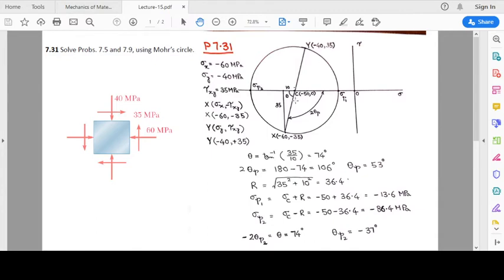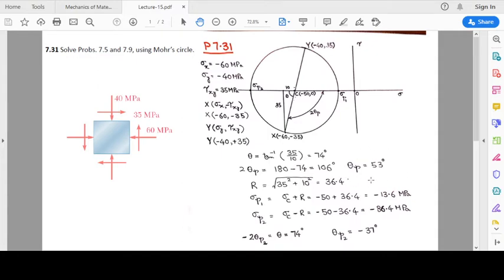This angle theta, which is made by the vertical plane with this plane P2, is going to be equal to twice theta P. This angle is going to be tan inverse of perpendicular over base. This comes out to be 74 degrees. So this 2 theta P is 180 minus this angle theta, so this comes out to be 53 degrees.